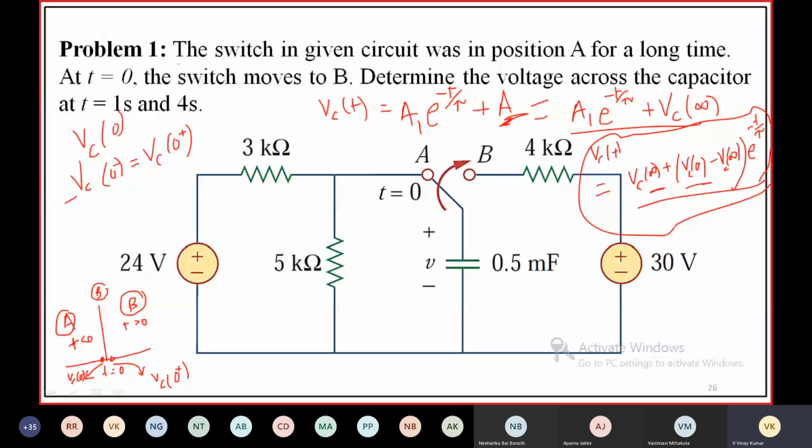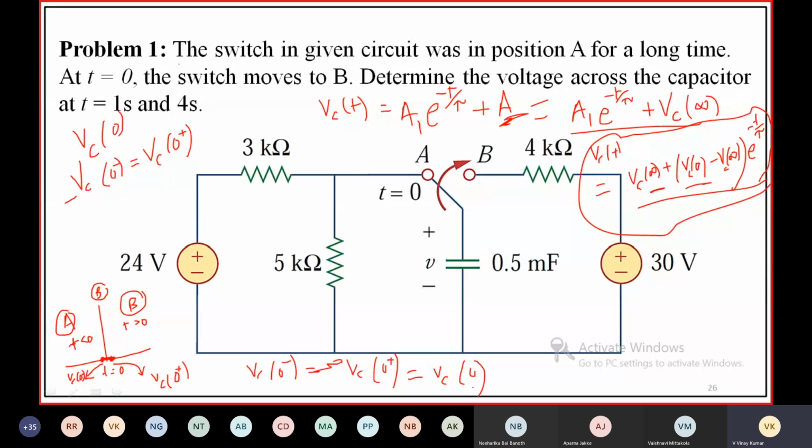Voltage across a capacitor cannot change instantaneously, which means whatever voltage is available at T is equal to 0 minus, the same voltage will be available at T is equal to 0 plus. So Vc of 0 minus is equal to Vc of 0 plus, which is equal to Vc of 0.